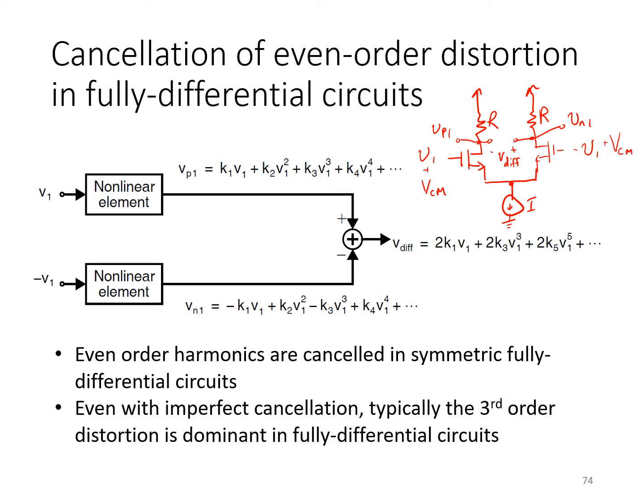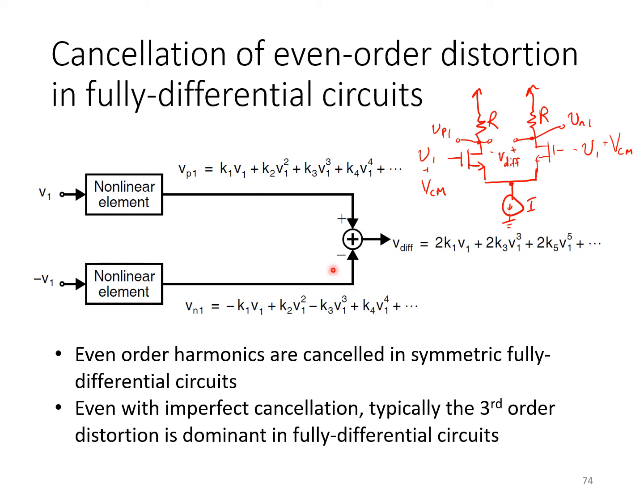But in any case, the picture can be considered the one shown here on the left, where V1 is applied to a nonlinearity that may be modeled with a polynomial, and negative V1 is applied to the exact same nonlinearity, and we can use the same model for it. We're neglecting here some mismatch, which should be a relatively small fraction of the overall output, of course.